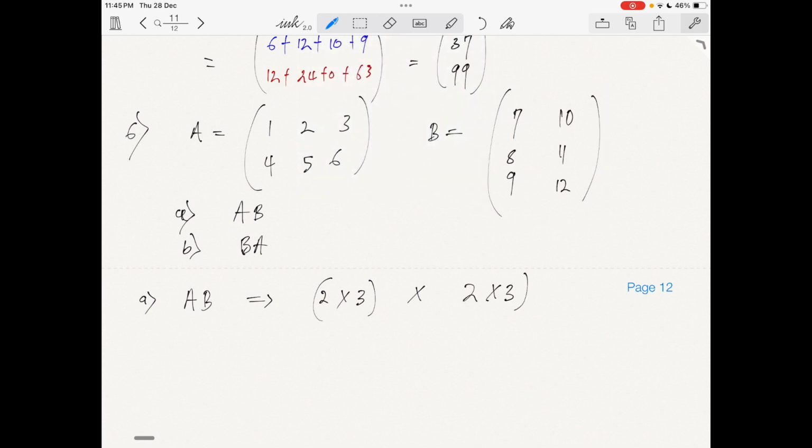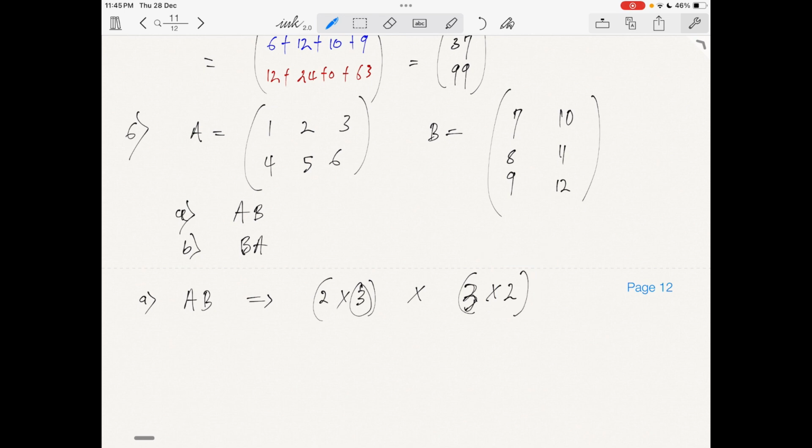Sorry, this is a 3 by 2 matrix. It is row by column.